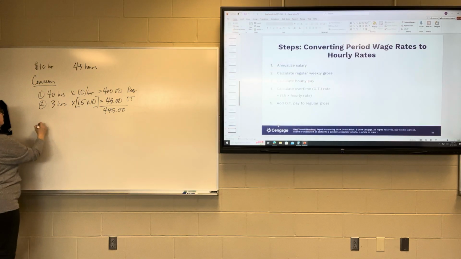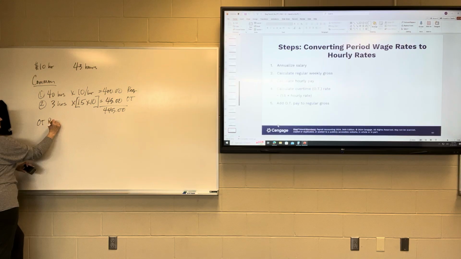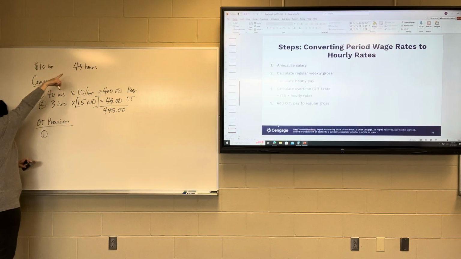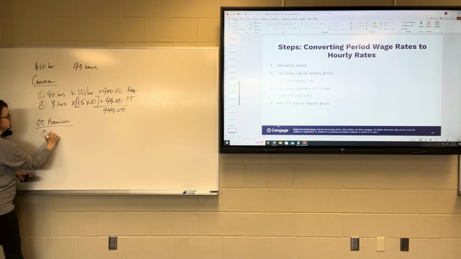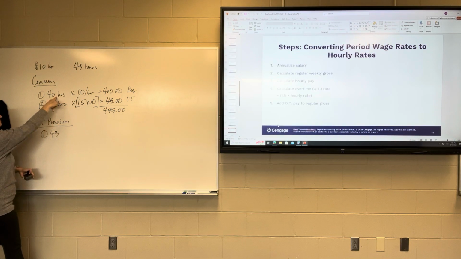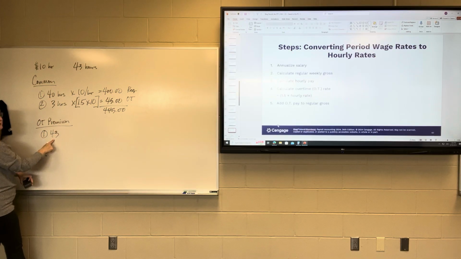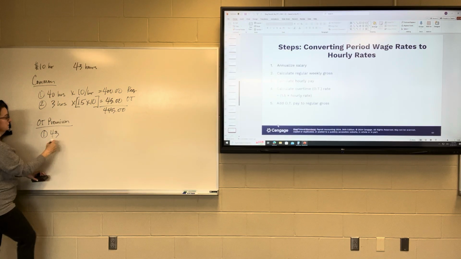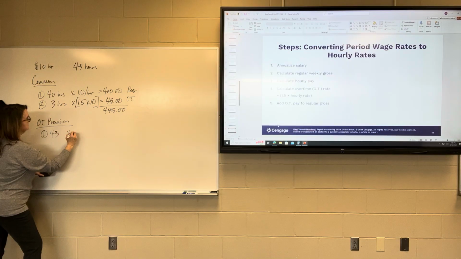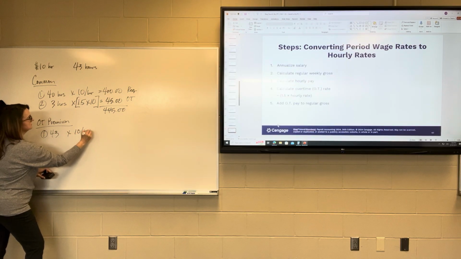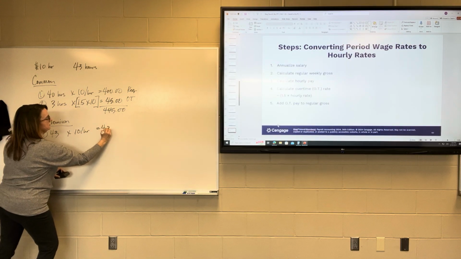If we're using the overtime premium approach, what we're going to do in step 1 is multiply the 43 hours. So here's the difference. We multiplied by 40 hours here. We're going to multiply by 43 hours here times the regular rate, $10 an hour, which equals 430.